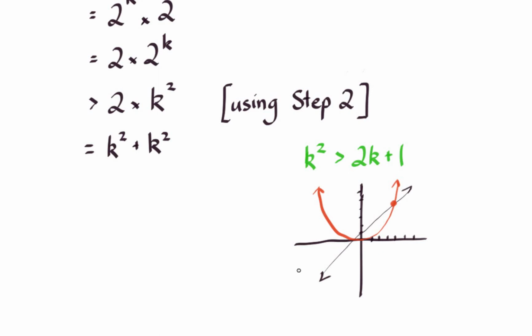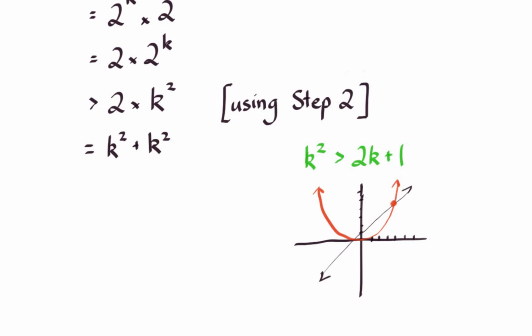And we could go and solve this, right? We could say, where is k squared actually equal to 2k plus 1? And we could just use the quadratic formula. Or we could just think about a few different values, since remember our k and our n values all have to be natural numbers.